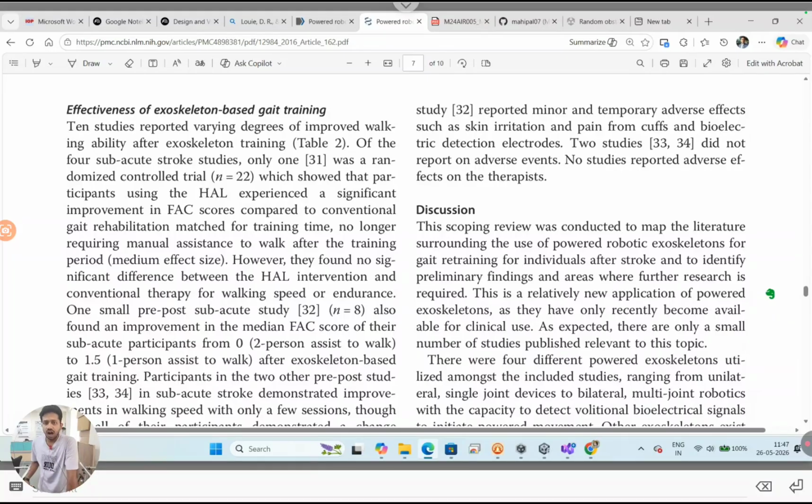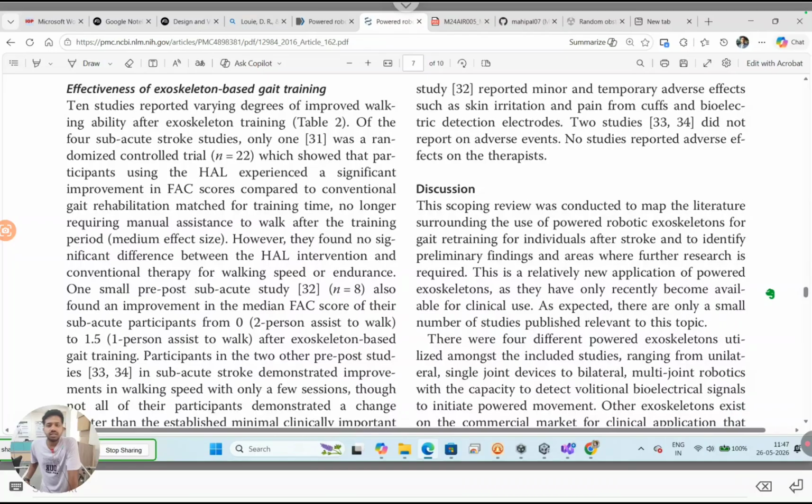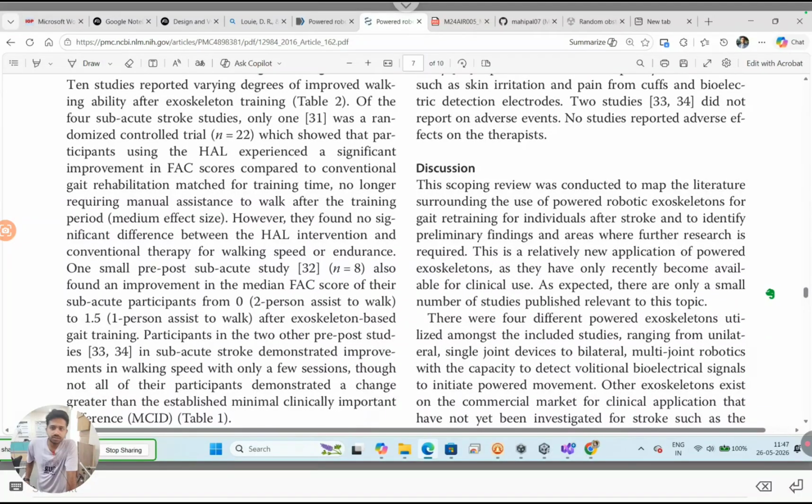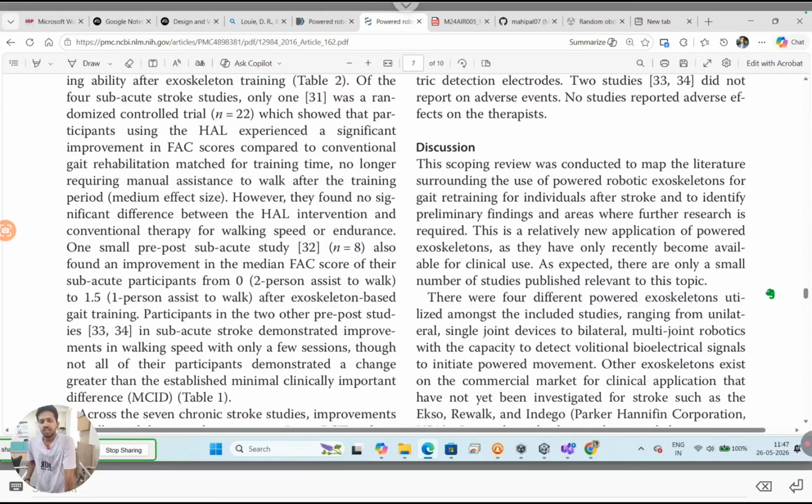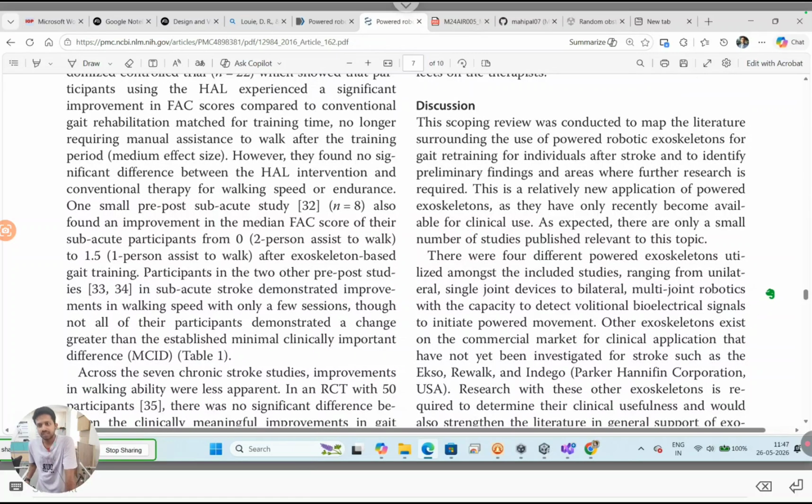size. However, they found no significant difference between the HAL intervention and conventional therapy for walking speed or endurance. One small pre-post subacute study also found an improvement in the median FAC score of the subacute participants from 0, 2% assist to walk, to 1, 51% assist to walk.